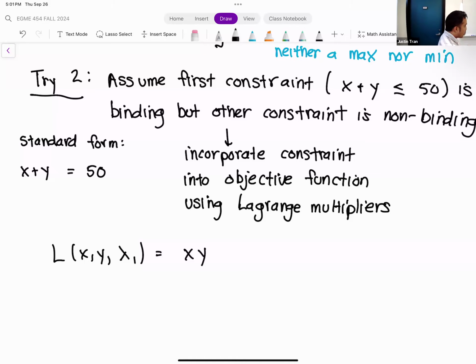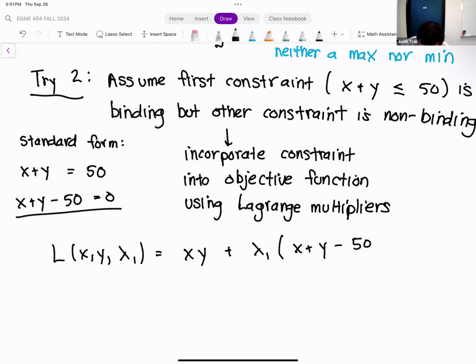Remember, to be in standard form, 0 has to be on one side of the equal sign. So I'm going to take that 50 and subtract it from both sides. We have x plus y minus 50. So that's the constraint that we have in standard form, and that's what we're going to plug into our Lagrange function. Okay. All right, so we have L of x, y, and lambda 1 is equal to xy plus lambda 1 multiplied by our constraint in standard form, which is x plus y minus 50.